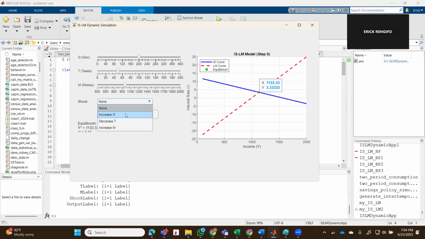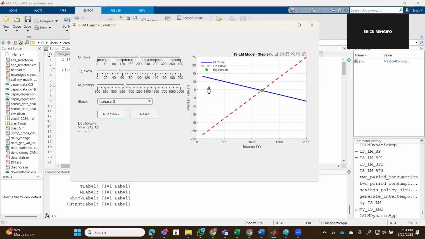I will increase the government expenditures. G influences the IS curve. Sorry, yes, the IS is going to be moving. Do you see? So if the government starts increasing the expenditures, basically what I will get is a higher Y and a higher interest rate.